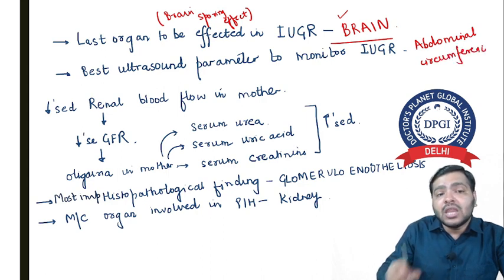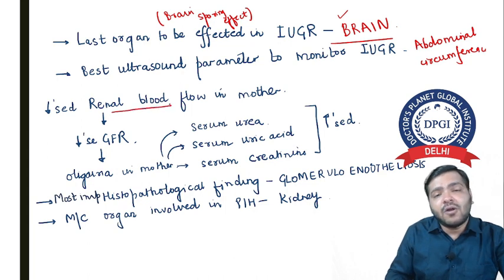Apart from that, I told you, if there is decreased renal blood flow in the mother, because the blood pressure is high, there will be decreased renal blood flow. Pressure is inversely proportional to volume.